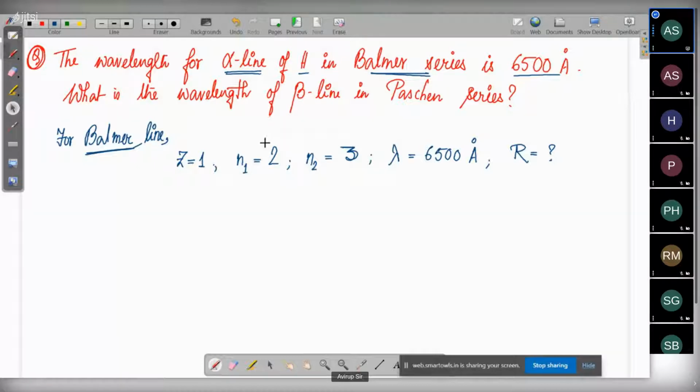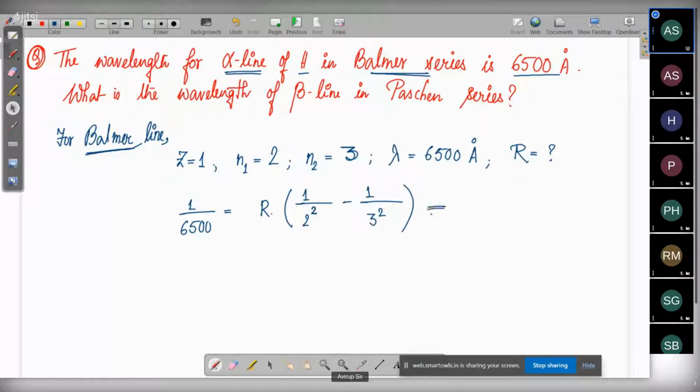So the formula was 1 by lambda, so 1 by 6500, is equal to R Z square, and Z square is 1 square, so no need to do that, into 1 by n1 square, so 2 square, minus 1 by n2, that is 3 square.